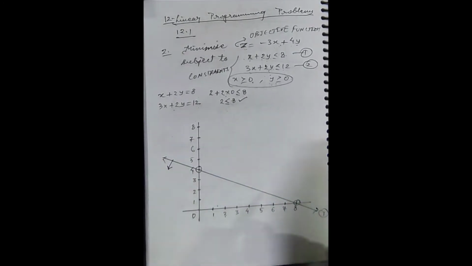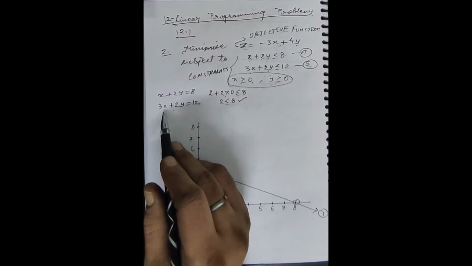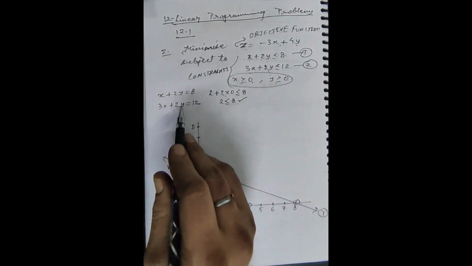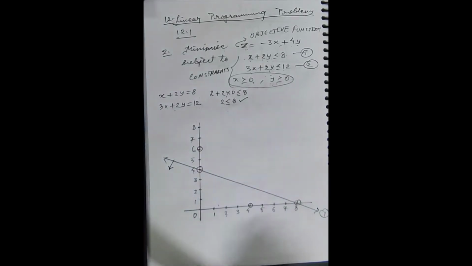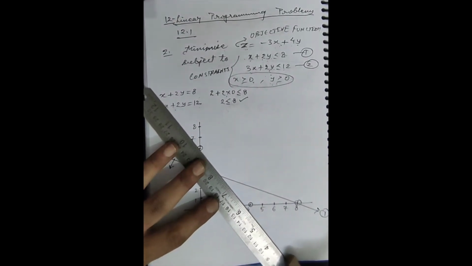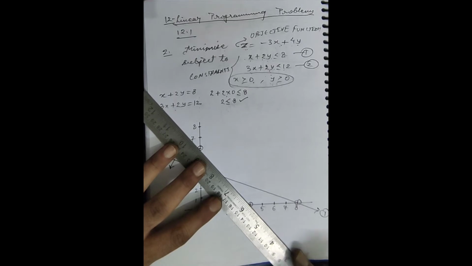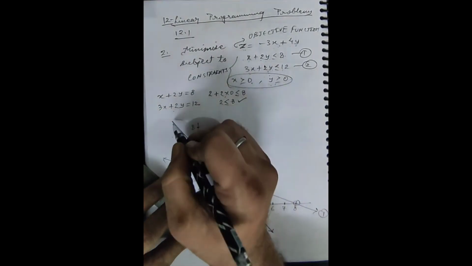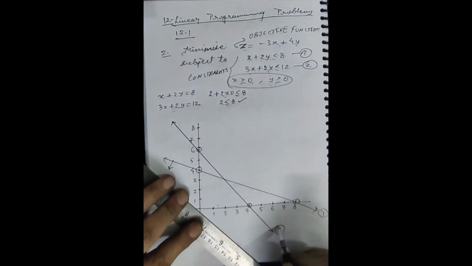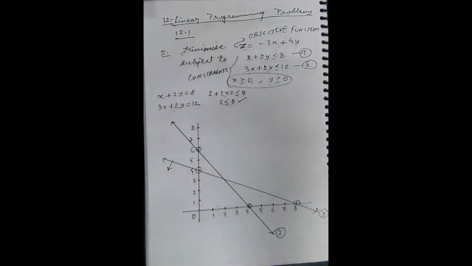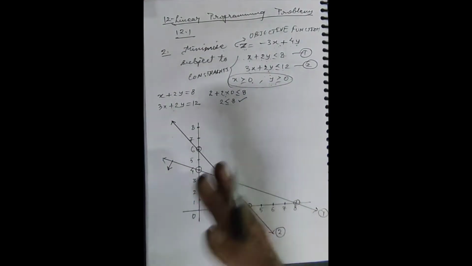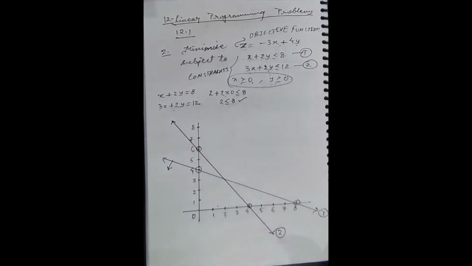Next, similarly, we will plot the second line. Here we get x equal to 4 for y equal to 0 and y equal to 6 for x equal to 0. Joining them, we get the line representing the second equation, and once again it divides the plane in such a way that the origin falls on one side and the other is opposite to the origin.